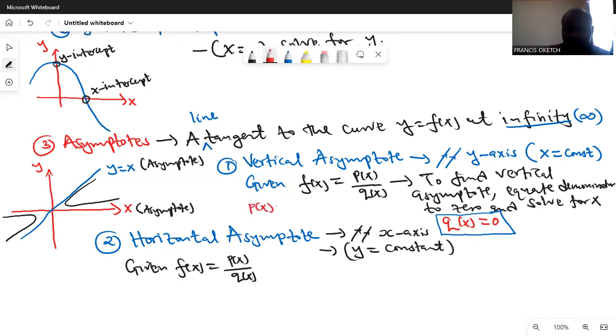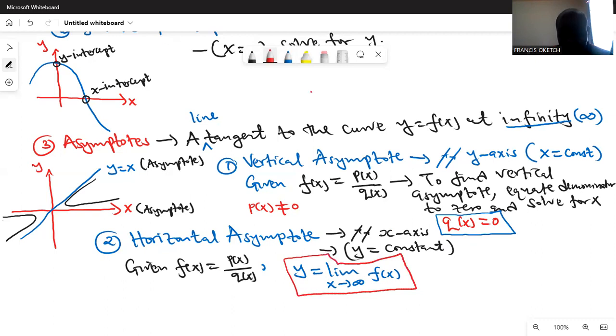So to find the horizontal asymptote, which you are going to call y, is simply the limit as x approaches infinity of f of x. And that will give you a constant if the limit exists. If the limit does not exist, then there is no horizontal asymptote. So this is the formula that you're going to be using to find the horizontal asymptotes.